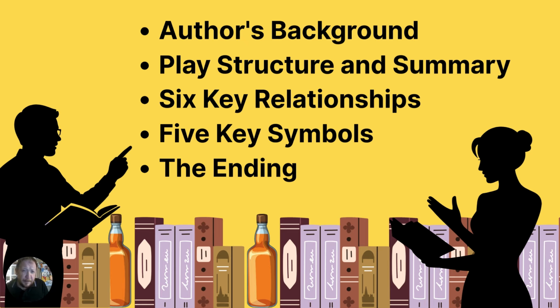Then the main part of this video is going to concentrate on 6 key relationships that occur within this play. To help you also, we're going to look at 5 key symbols, which will really help you retrieve quotes and be able to give some textual reference in the exams. And finally, we're just going to explain the ending.